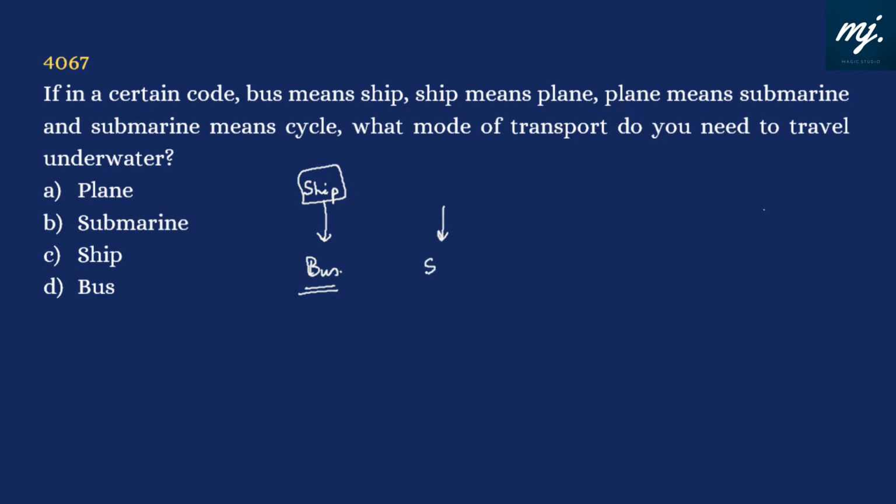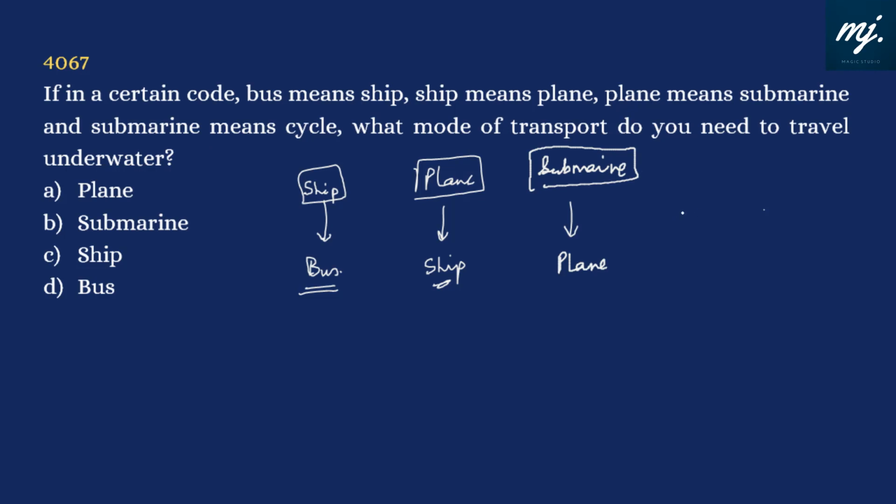So if you go and ask them, give me a ship, they will actually give you a plane. Plane means submarine. If you call out a plane, they will give you a submarine.